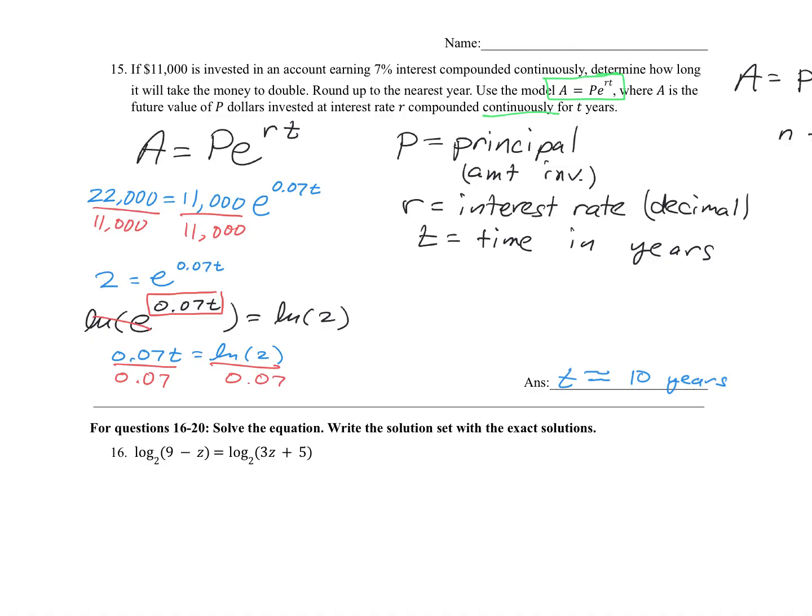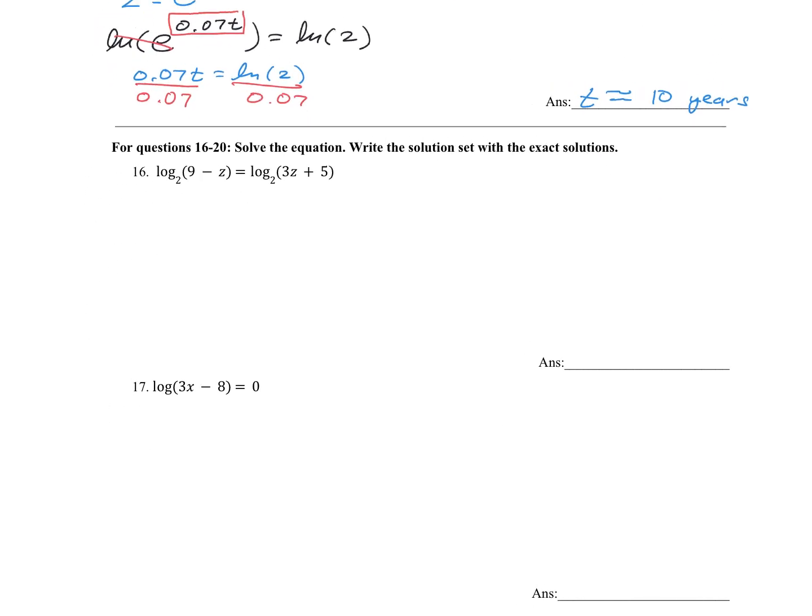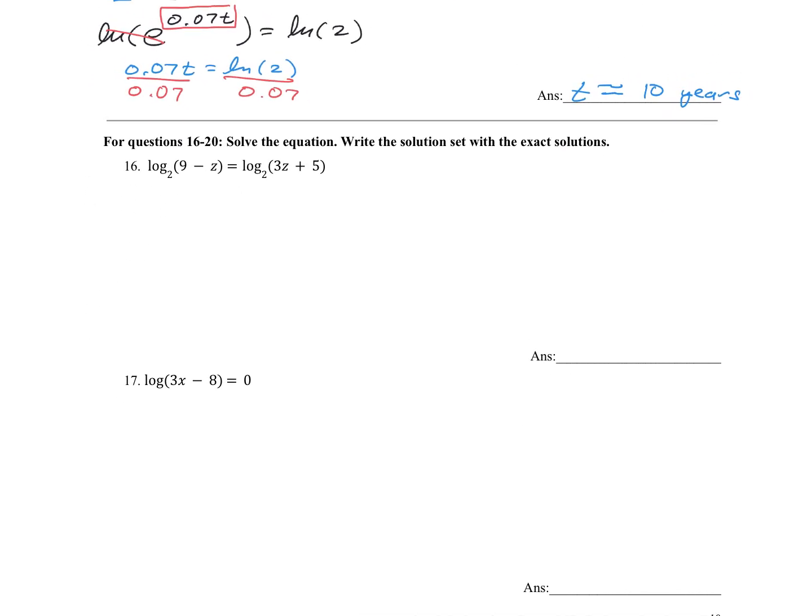All right, now let's move on to the next type of equation we're going to encounter, which are logarithmic equations. And you could either use the property where log base 2 of something equals log base 2 of something else, therefore the insides must be equal. But I really like to use inverse functions because inverse functions play such a big role in mathematics. So what I'm going to do instead is cancel out the logarithms by using the exponential function.